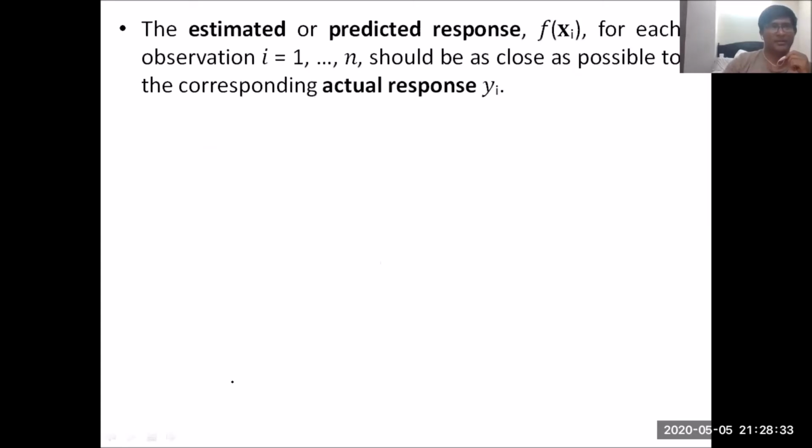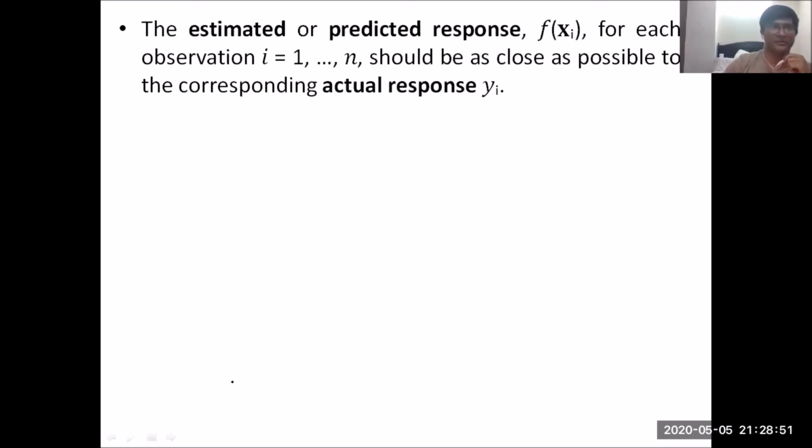This estimated or predicted response, we normally call f(xi), that is after applying the function on all x's, right? For each observation i equal to 1 to n, it should be as close as possible to the corresponding actual response.